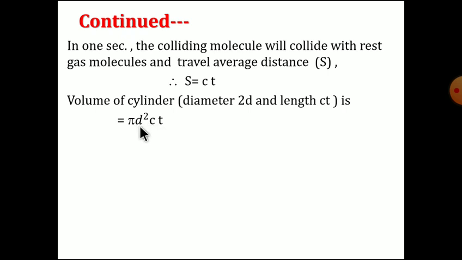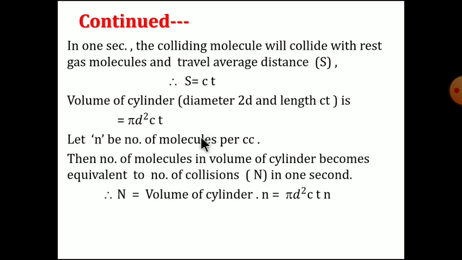The length is Ct, the radius is d. Therefore, the volume of the cylinder is pi d square Ct. Now, we choose n to be the number of molecules per cubic centimeter.